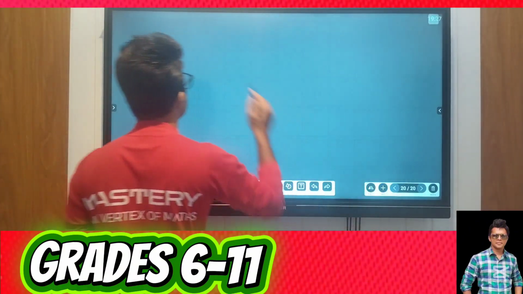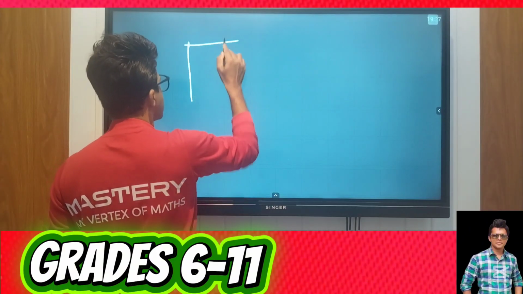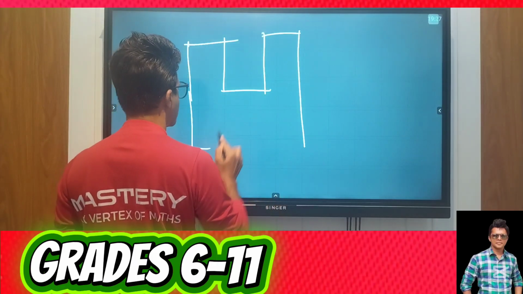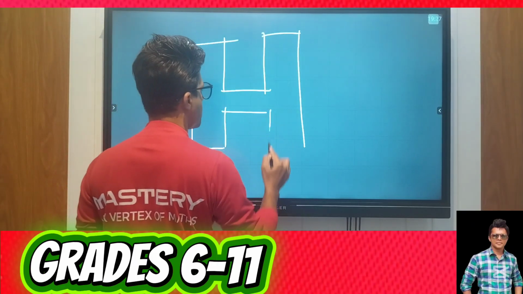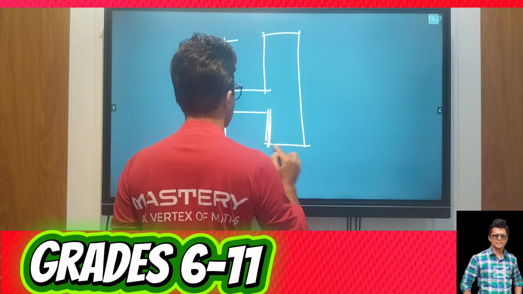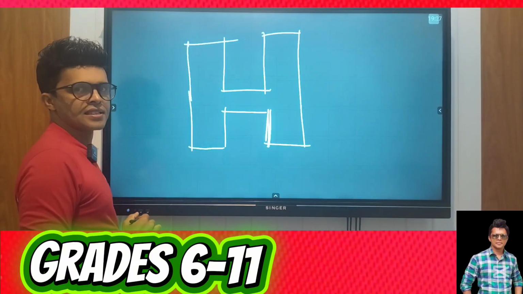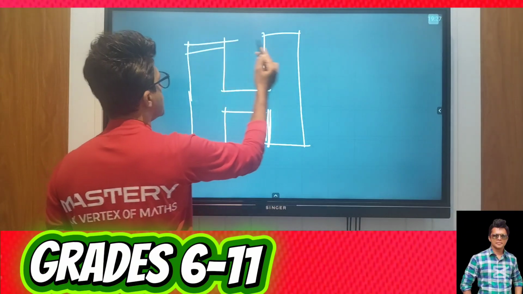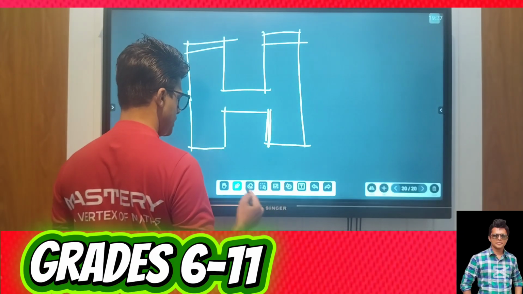This type of question is also given in your textbook to get the perimeter, just like the letter H.